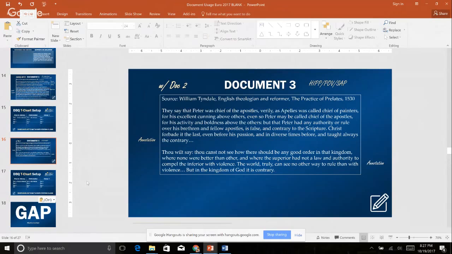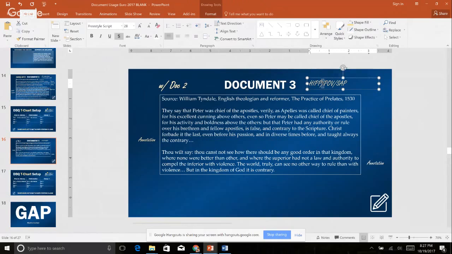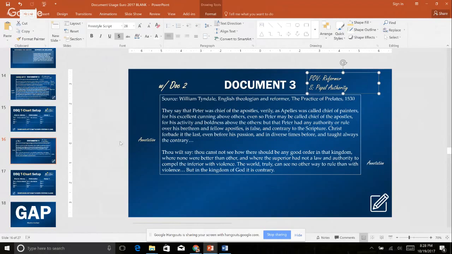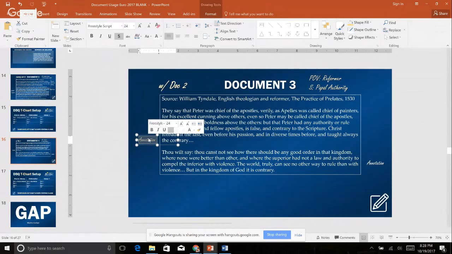Now, what I'm going to do when I'm annotating is note here, this is POV. This is a reformer. William Tyndale was a reformer, and the situation is papal authority. I would note that if I want to give some background into the document, but I'm going to note here what he's doing.